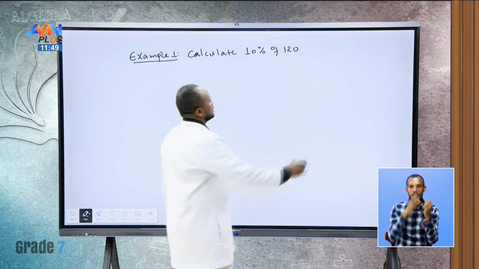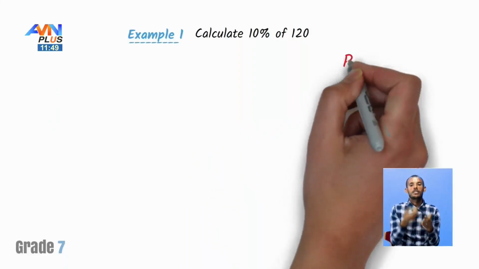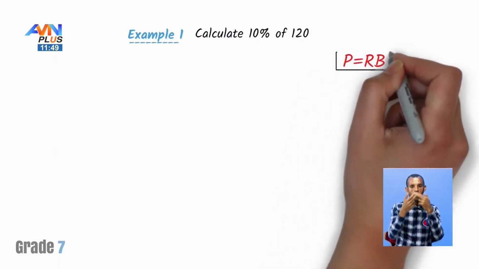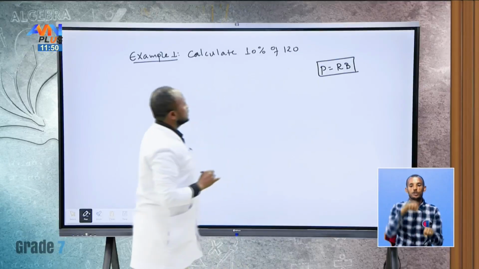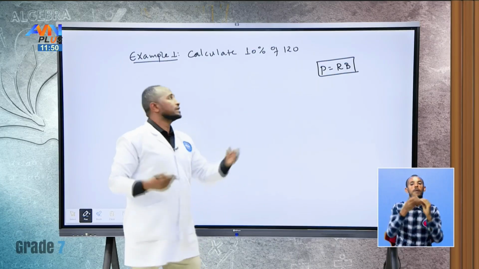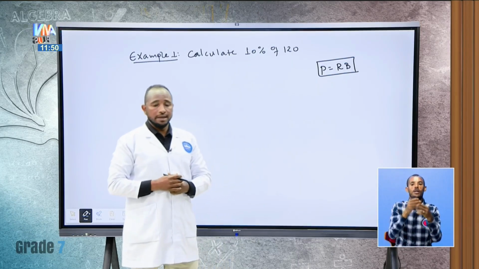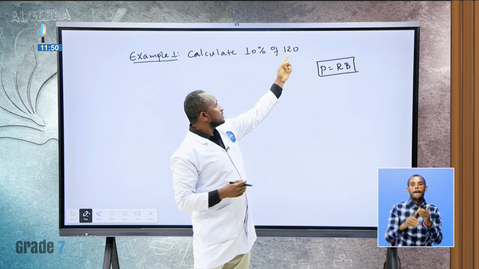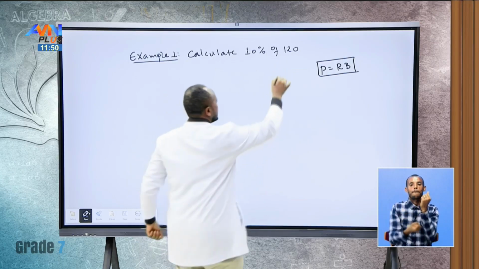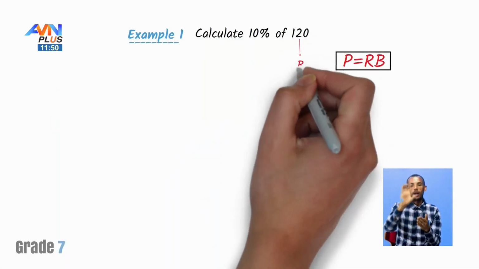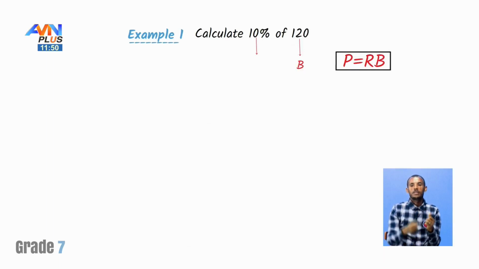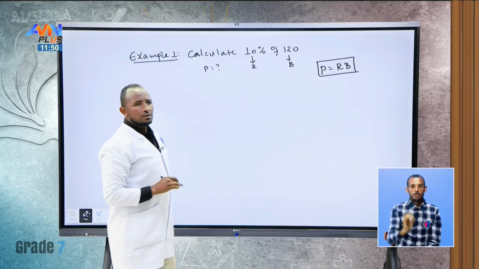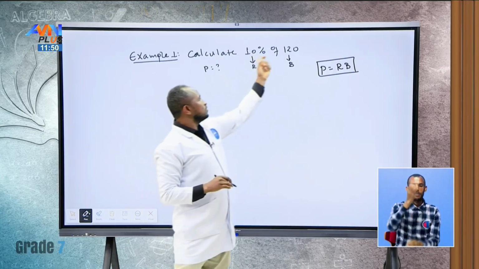To calculate the percentage, simply you multiply the rate and the base. In this example, the number expressed in percent we call rate, and the number which is preceded by "of" is the base. Therefore, this one is the base, and this one is the rate. We are asked to find the percentage. So, to calculate percentage, simply you multiply the two.